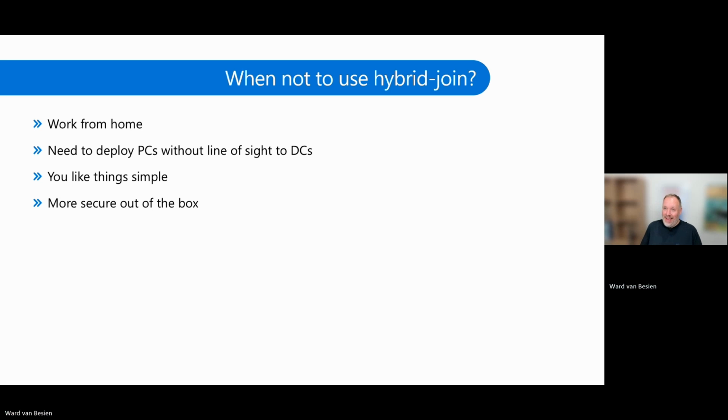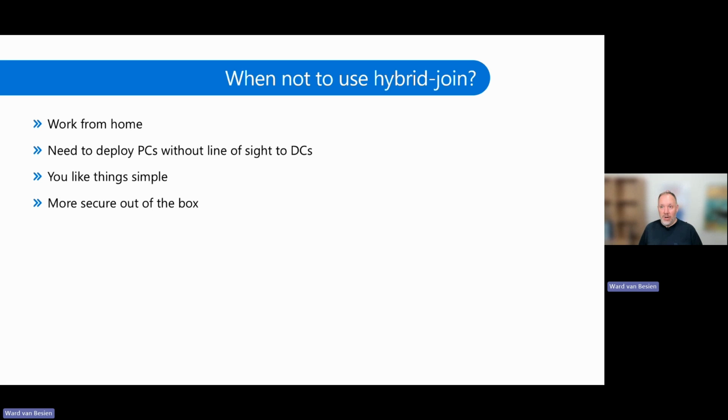So if you want to work in a situation where you don't have that dependency on domain controllers, you don't have that dependency on visibility of the domain controllers, and you want to keep things simpler, then an Entra join is probably an easier solution. But it is more of a transition, it's more of a change, there's more adjustment for users.